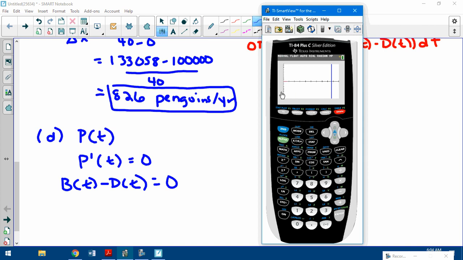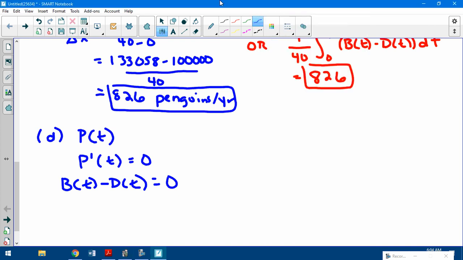There it is. And then y2 equals 0 comes across in the red line. Second calc intersect. First curve, second curve, guess. 34.657 equals t. That's a critical value. So the absolute max or min could be there.